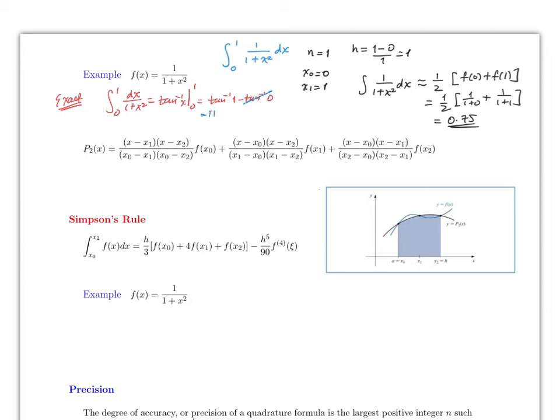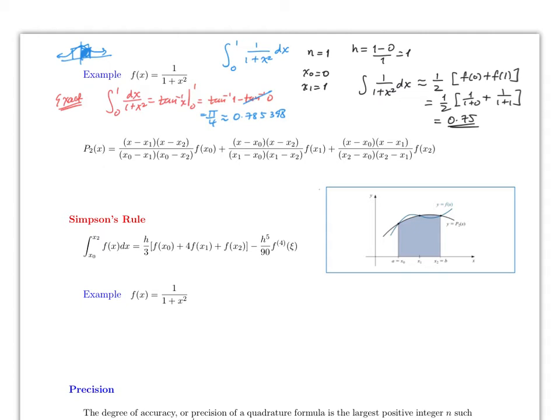And this is just pi over 4, which is around 0.785398. So as you can see, for this particular case, this is not that bad. And the reason is that the graph of 1 over 1 plus x squared looks like this. So when you do a trapezoid, it's going to be very close from 0 to 1, which is this part.